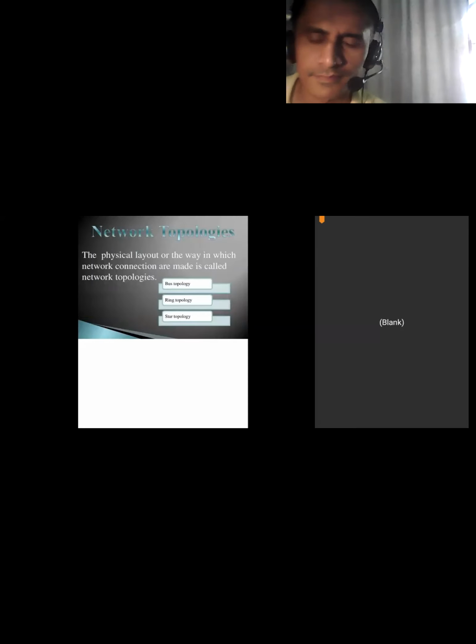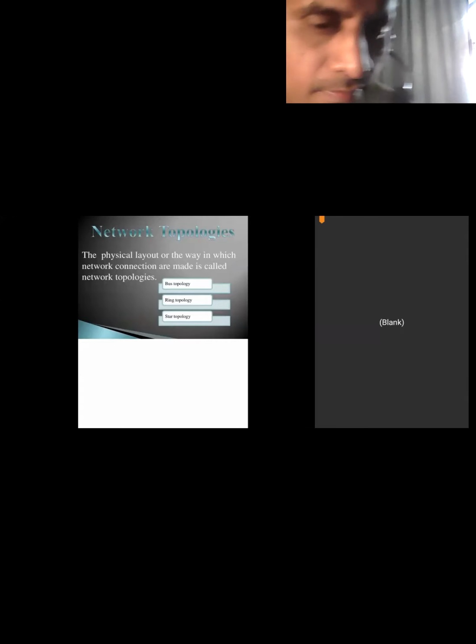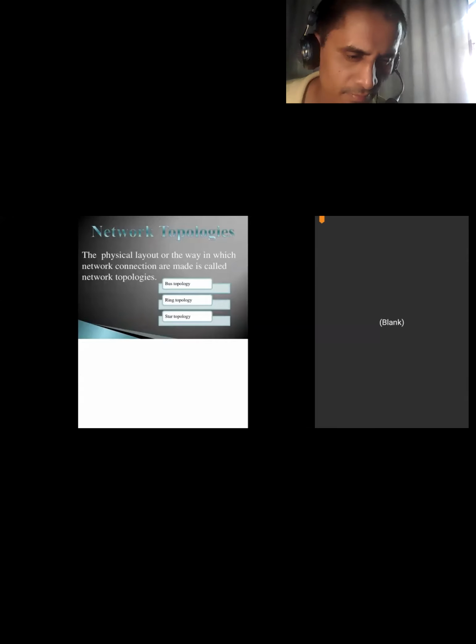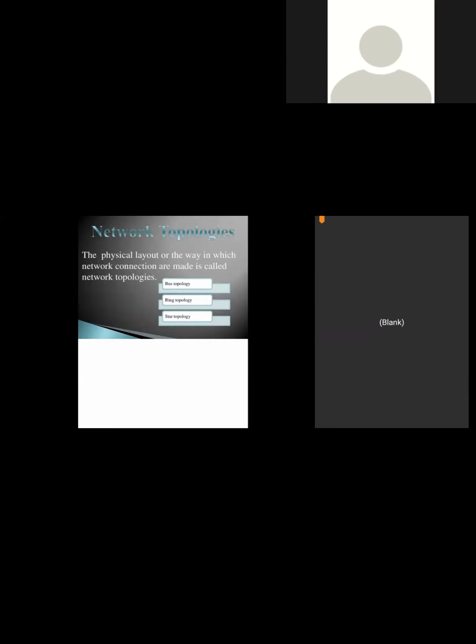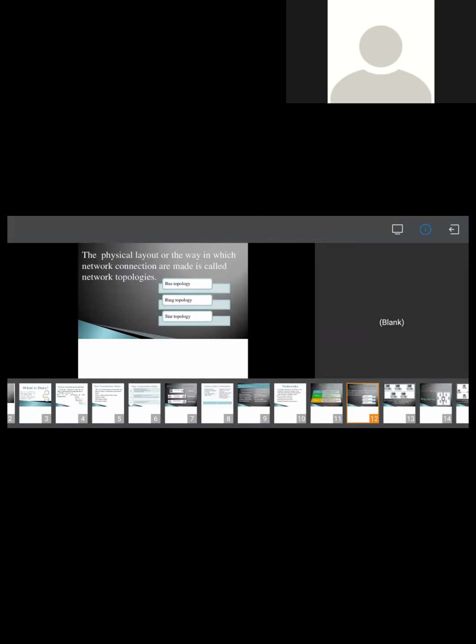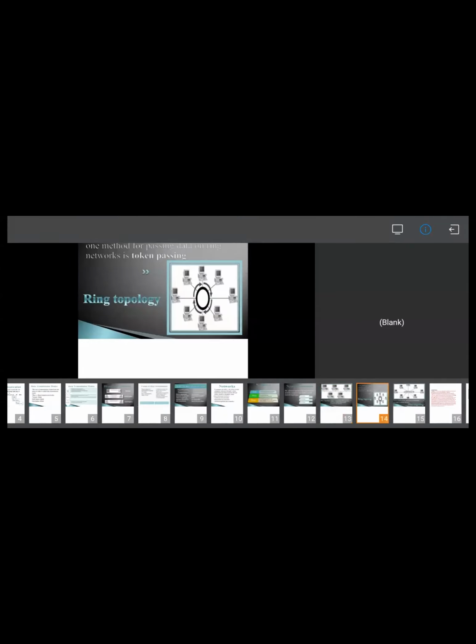Network topologies. The physical layout of the way in which network connections are made is called network topology. The three types of topology are bus topology, ring topology, and star topology. In bus topology, a single cable called the bus connects all nodes on a network without intervening connective devices.